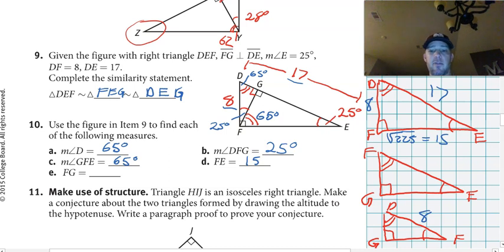And if I wanted to solve for FG, how could I go about doing that one? Oh, I guess I know FE now is 15. All right. I see here that I have FG is what I'm looking for, and FG corresponds to 8. So that is a pair of corresponding sides.